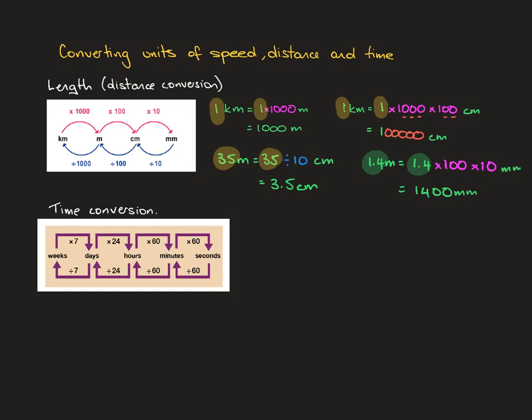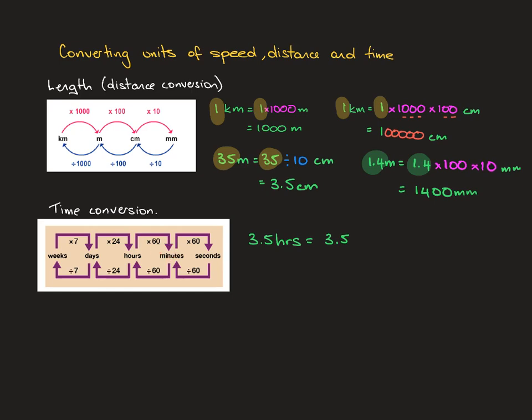Right, so let's do some time conversions, which work pretty much the same way as our length conversion. Say we had 3.5 hours, and we wanted to know what that was in seconds. We put our number down, and then we check our conversion. We're going from hours to seconds, so we have to go from hours to minutes.